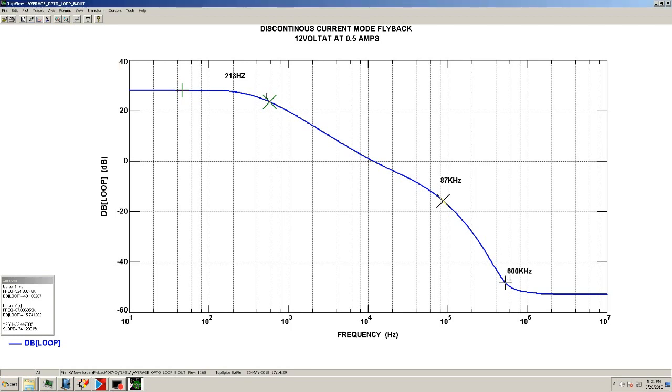Okay, so now we have the placement of our. Actually, let me remeasure that just to make sure that I'm at the right place.